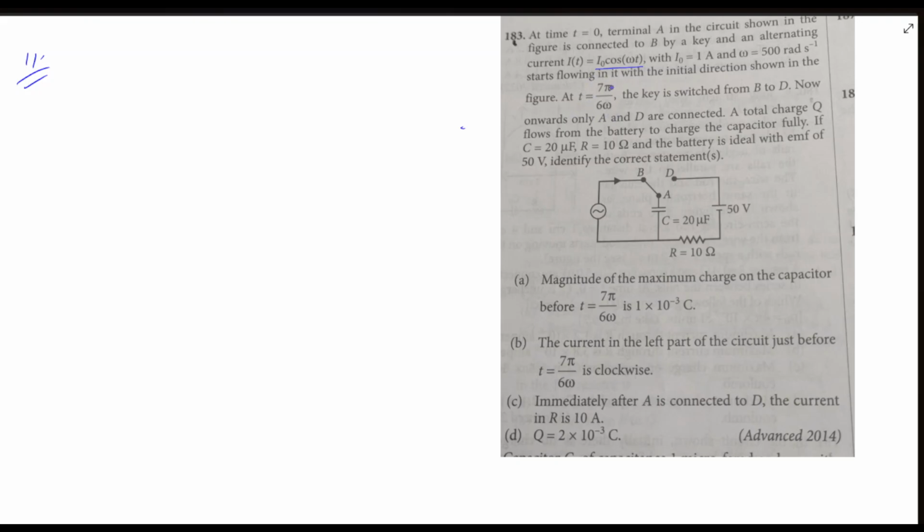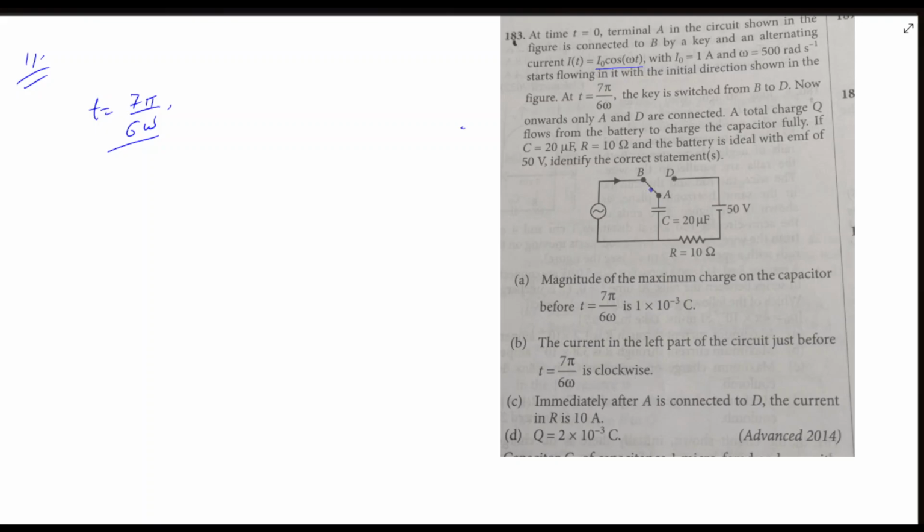At t equals to 7 pi by 6 omega, the switch is moved from B to D. So I mean this alternating supply is disconnected. Now the total charge Q flows through the battery to charge the capacitor fully. These are given.